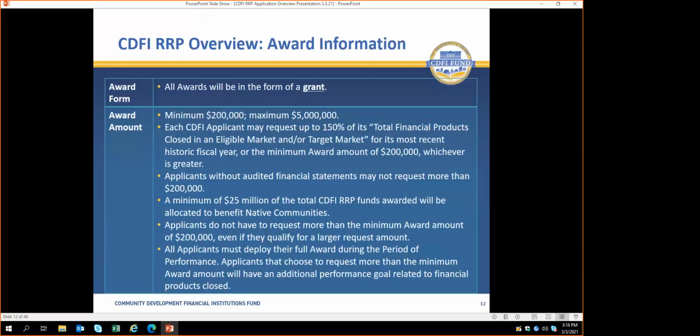For example, you could use a portion of your award on development services. That's not going to show up as satisfying the financial product portion of your PG&Ms, but it is an eligible use of the award that you could utilize to satisfy the PG&M related to expenditure.